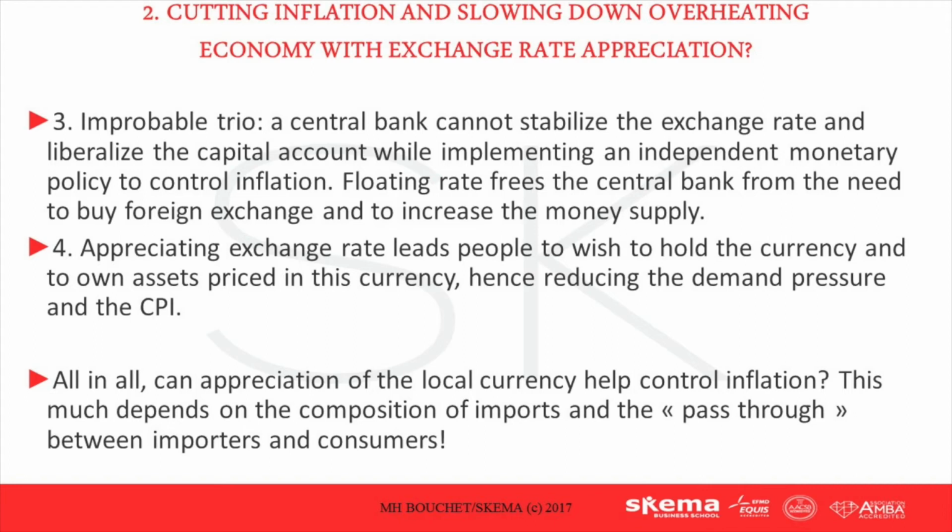Well, this much depends on the composition of imports and the so-called pass-through between importers and consumers. Indeed, the cheaper price of imports will translate into lower domestic prices only if domestic importers do not increase their profit margin at the expense of consumers, the so-called pass-through condition.